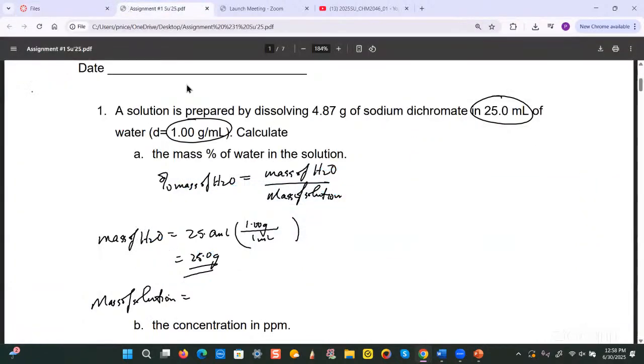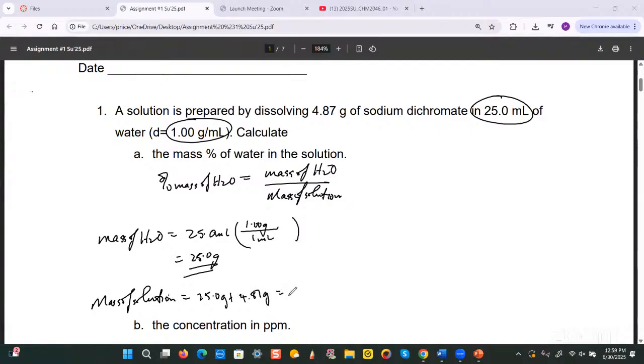All right, so let me get back to the question. How do I get the mass of the solution? Would you add the water and the sodium dichromate? So you add the mass of the water, which we calculated already to be 25.0 grams, to the mass of the sodium dichromate, which is 4.87 grams.